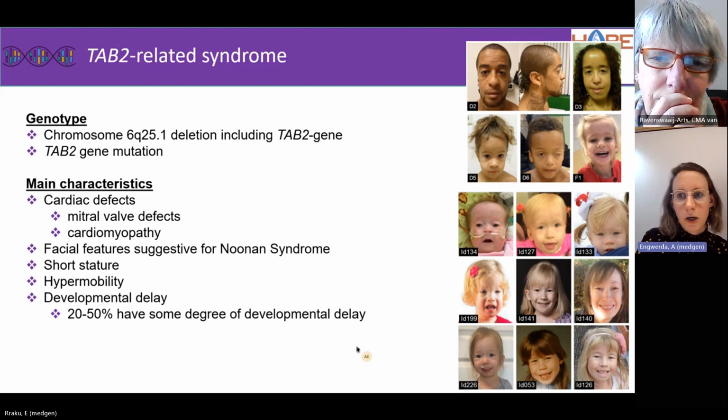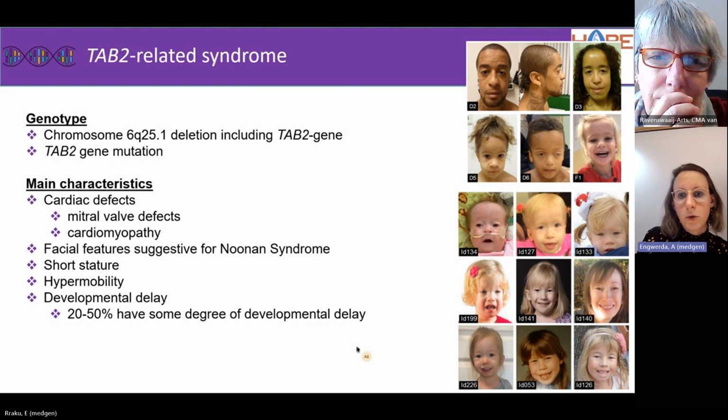And to say about this developmental delay is that for the individuals who have a mutation within the TAP2 gene, so only the TAP2 gene is involved, about 20% of the individuals had developmental delay. And for the individuals with a chromosome 6 deletion, so a larger deletion, about 50% had developmental delay. And this differed in the degree of developmental delay.